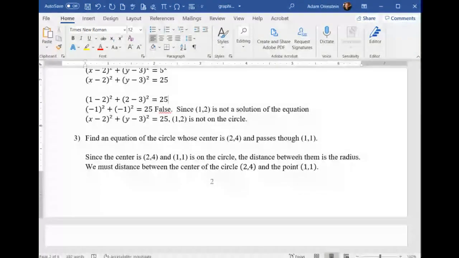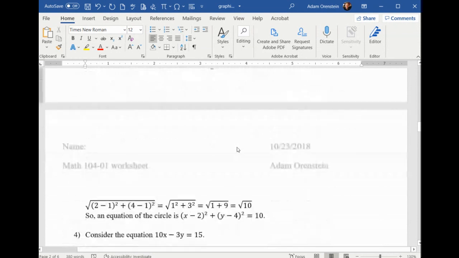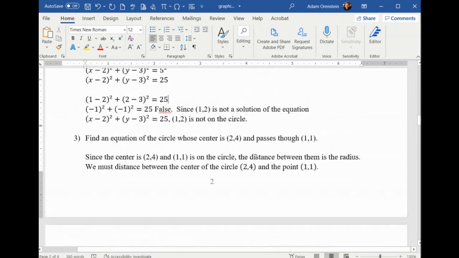Here's another question. Let's find an equation of a circle whose center is the point (2, 4), and let's say it passes through (1, 1). So (2, 4) is the center of the circle, okay? (1, 1) is on the circle.